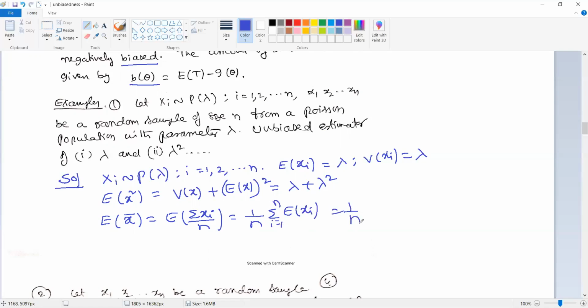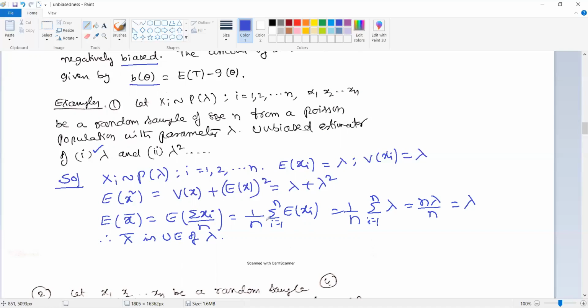That is 1 by n summation E of Xi, which is lambda. Lambda is a constant, n times, so n lambda by n is lambda. So E of X bar is equal to lambda. Therefore, X bar is an unbiased estimator of lambda. So to estimate lambda, use the sample mean; X bar is the unbiased estimator of lambda.